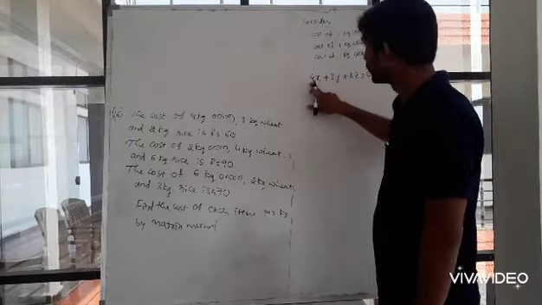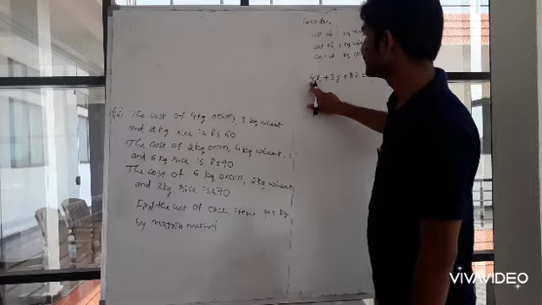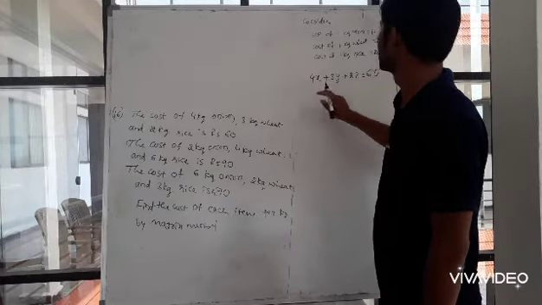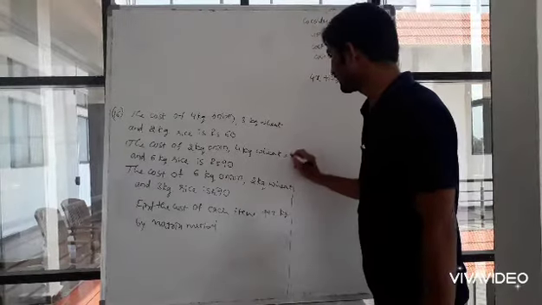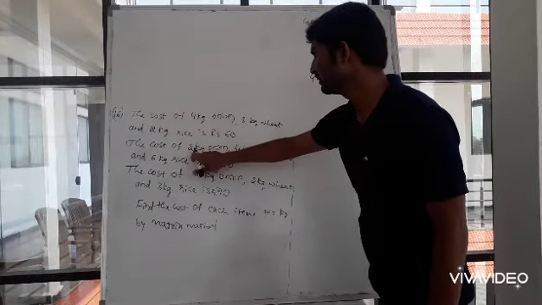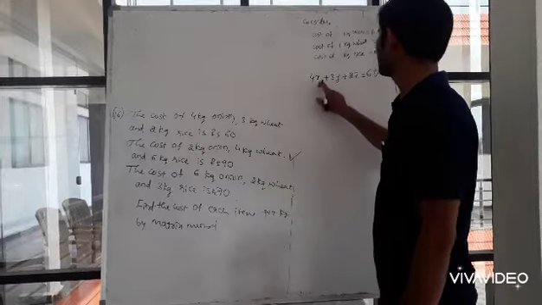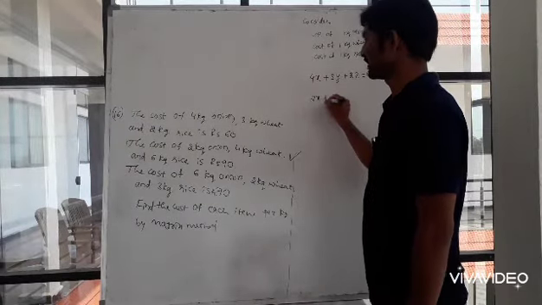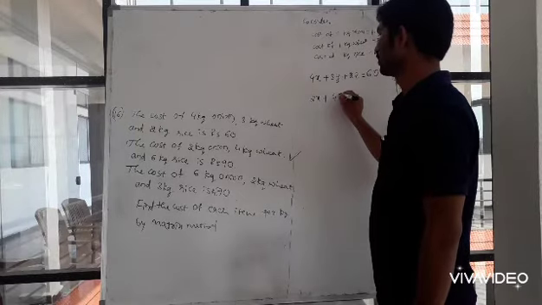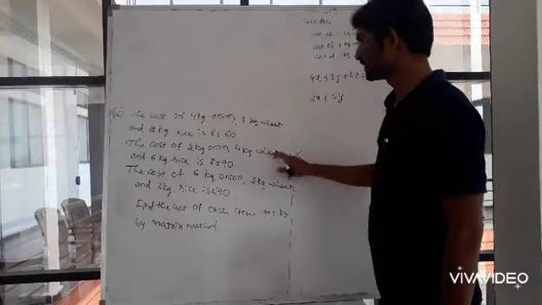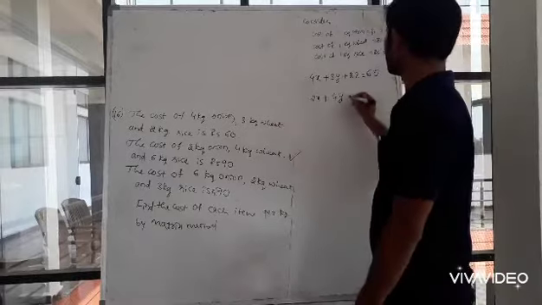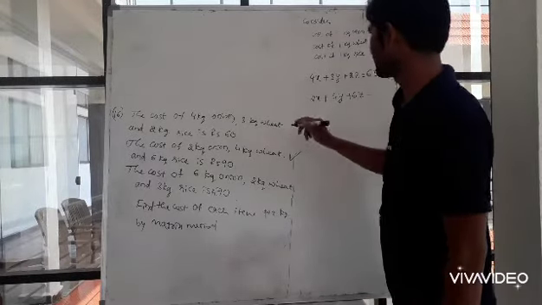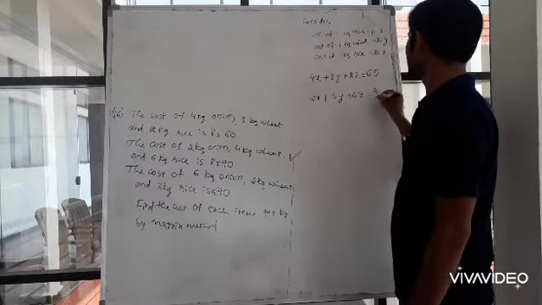Similarly, the second time they have taken 2 kg onion: 2 into x plus 4 into y, because 4 kg wheat is there, then 6 kg rice, 6z. The total is 90.